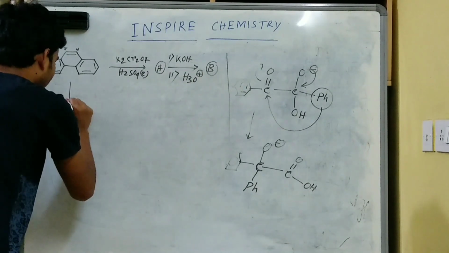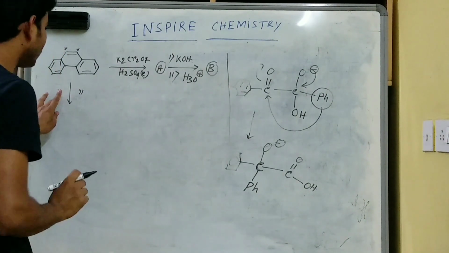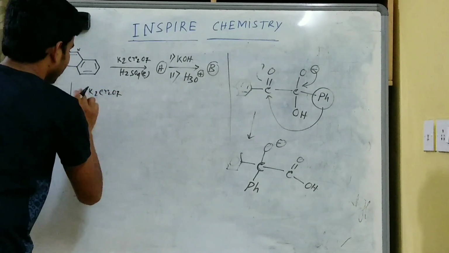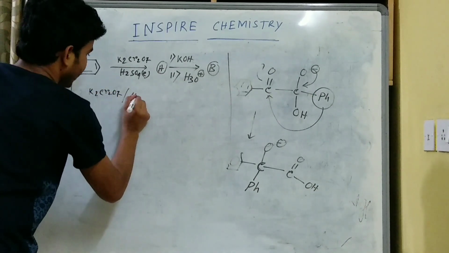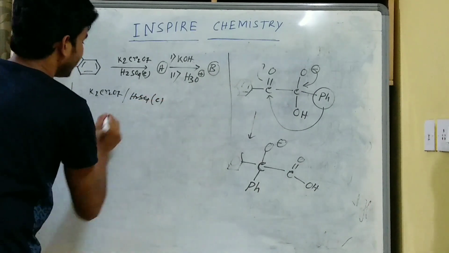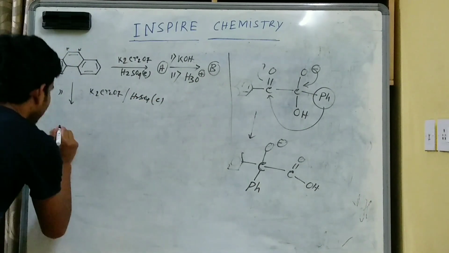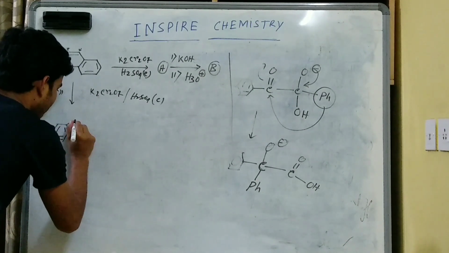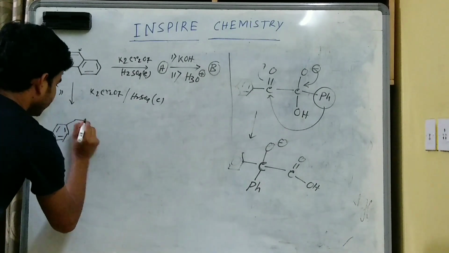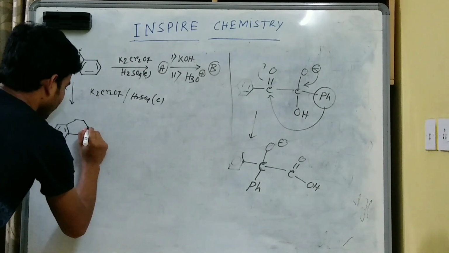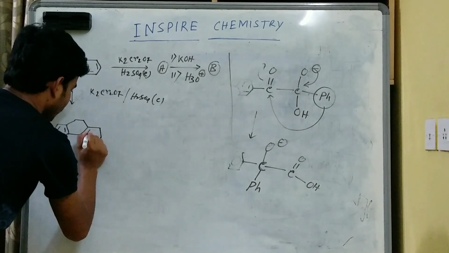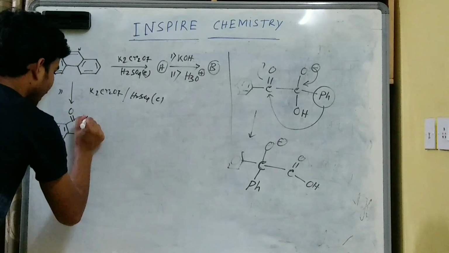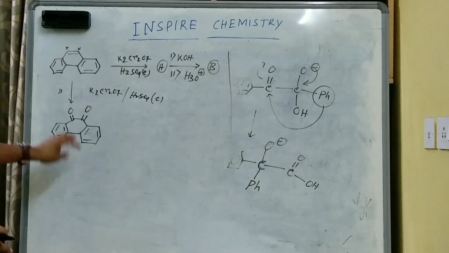So when we use K2Cr2O7 and concentrated H2SO4, this will oxidize, and the oxidized product will be like this. This will be the oxidized product.